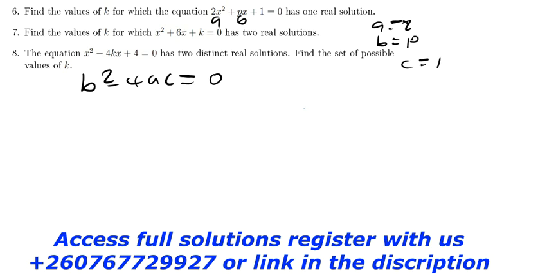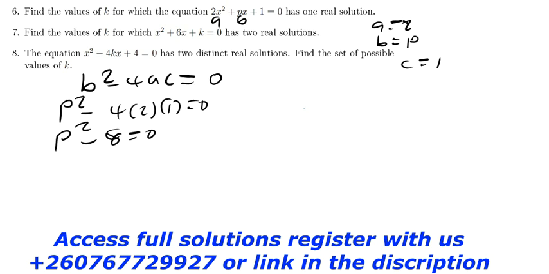So b is p, it will be squared, for a is 2, c is 1, equal to 0. So p squared minus 4 times 2 times 1, this is going to give me 8, equal to 0. P squared will be equal to 8, and I want to find the value of p.